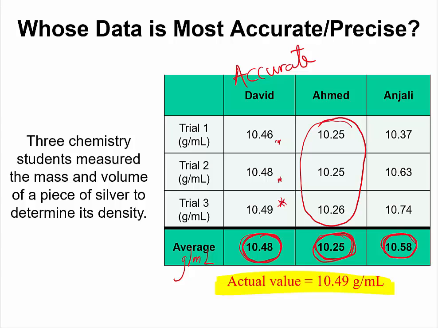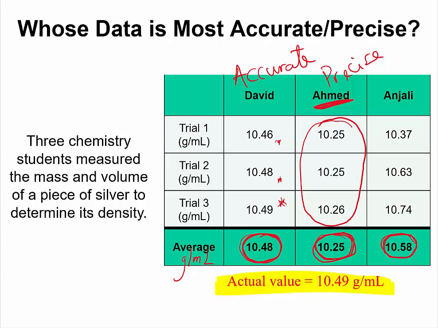So the most precise of all the measurements here are Ahmed's measurements, while the data obtained by Anjali are neither precise nor accurate. So you can see a very good example of how we compare accuracy and precision in the lab.